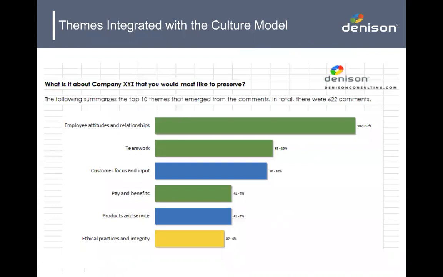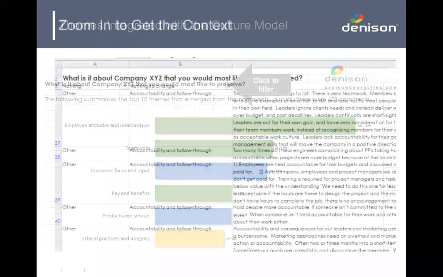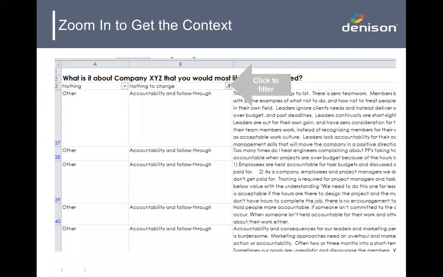This is a categorization of 622 comments, which you can read, but that's a fairly large set of comments, so we find it helpful to group and categorize them, because then you can click in and out to get the comments that fit into each one of these categories.